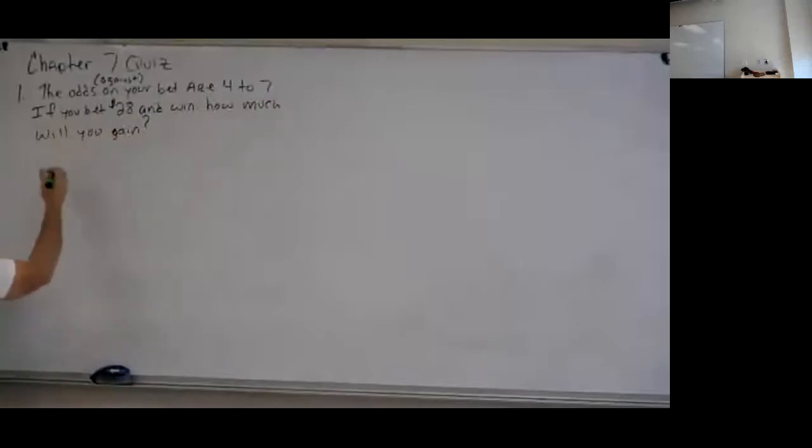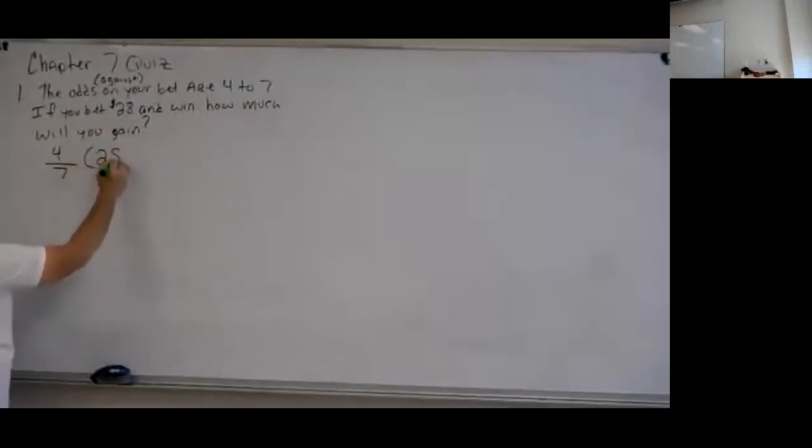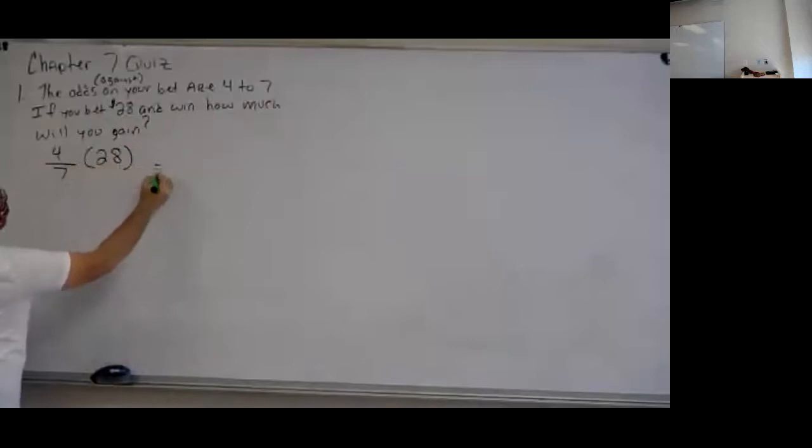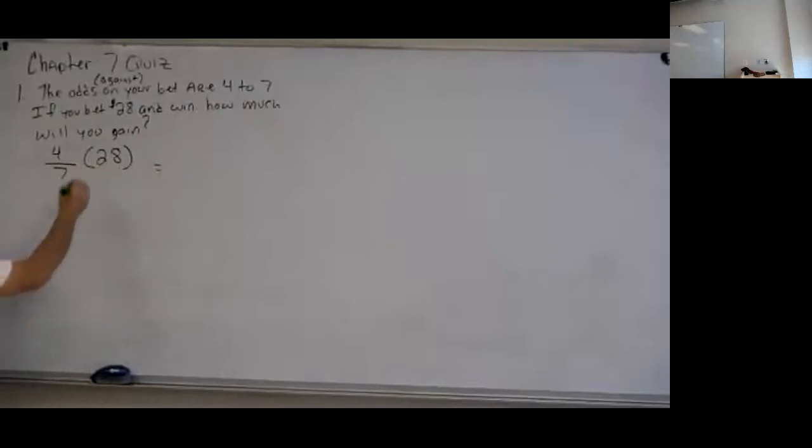So our odds are 4 to 7, so that means 4 to 7 is written as a fraction, okay? And then you multiply that by the money you're betting, which is $28. Now, if you want to, since you're multiplying this as a fraction, you could put a 1 under the 28 and multiply that thing straight across.